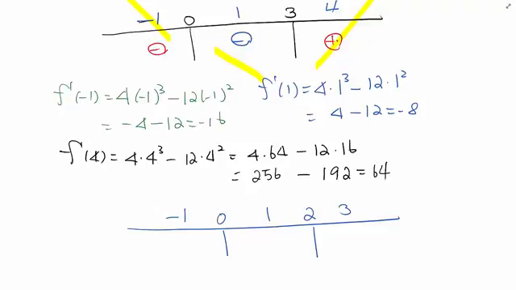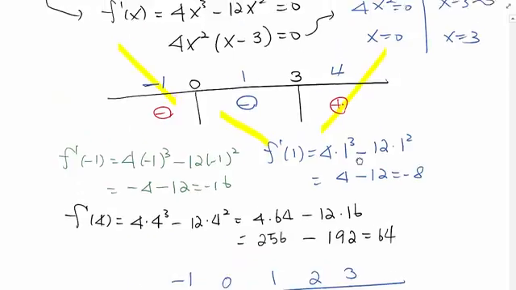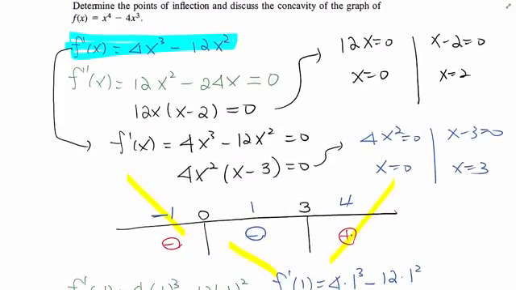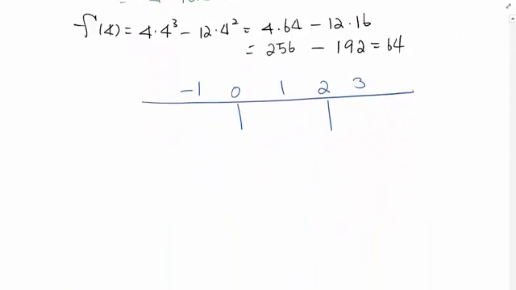Okay, so we plug those values into the second derivative function. So what was the second derivative function? It was 12x squared minus 24x.